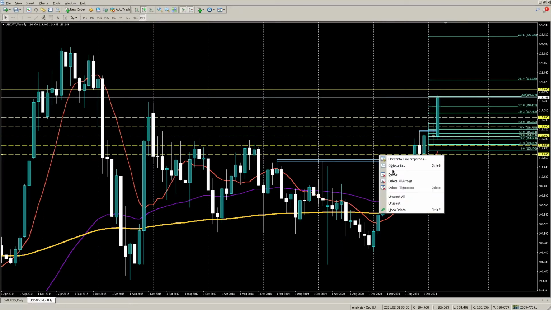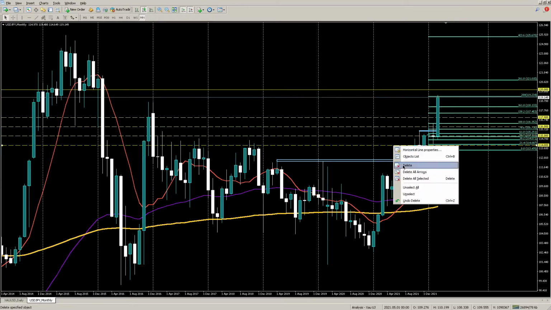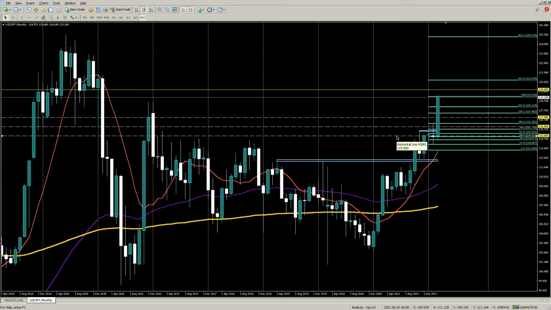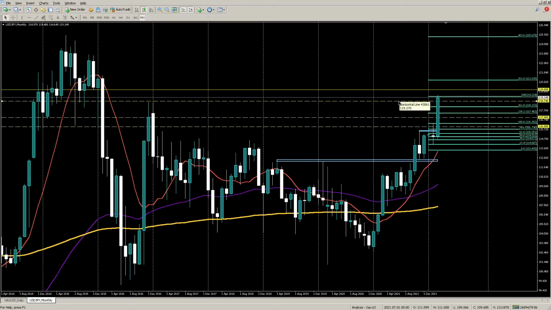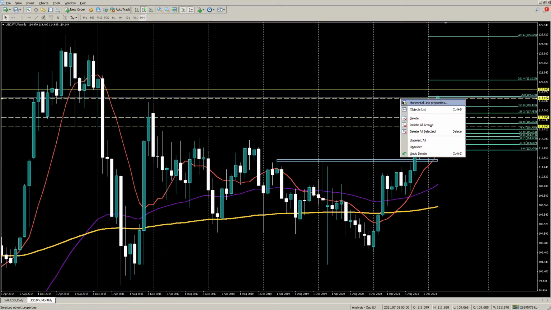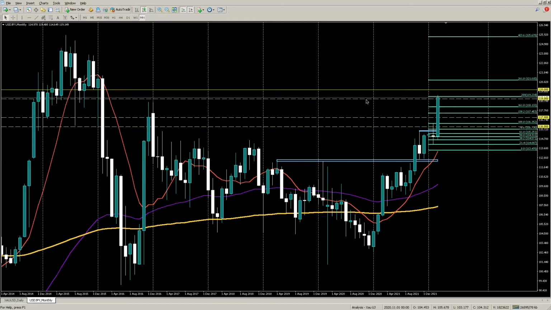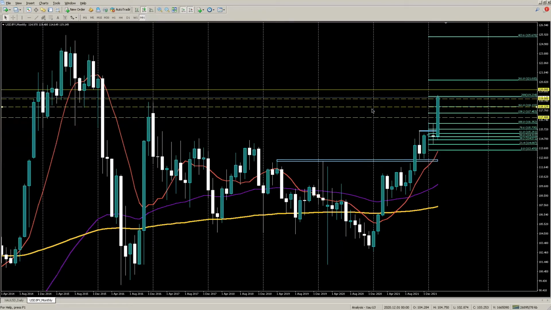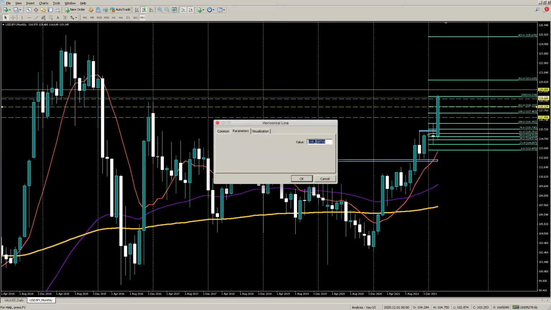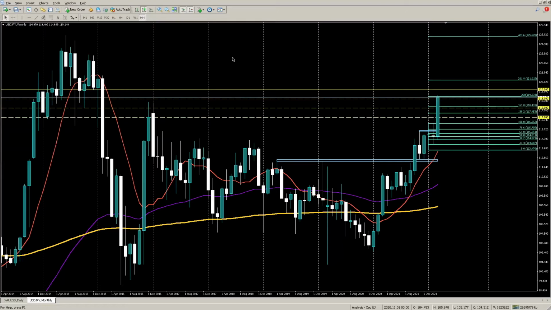And let's move some of these lower round figures now. Let's move this to the 119, and as well as the 118.